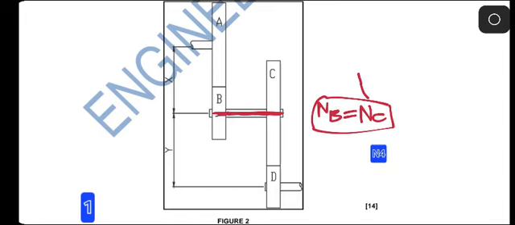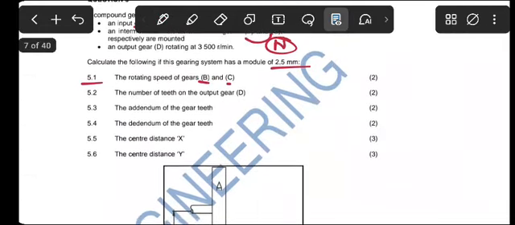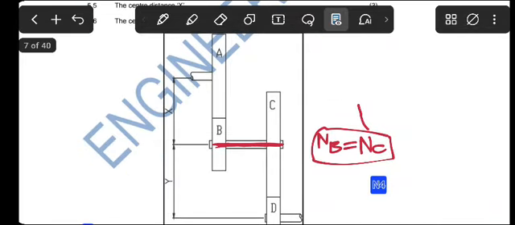Take a note about that. So they said we should calculate the speed of B and C. As you can check, the question says calculate the speed of gears B and C.